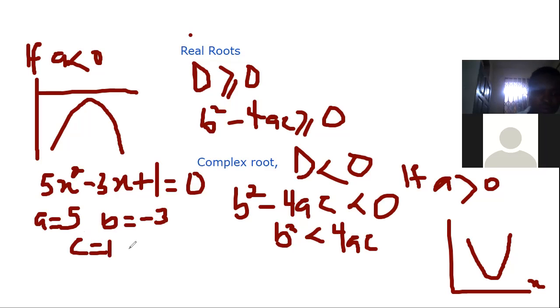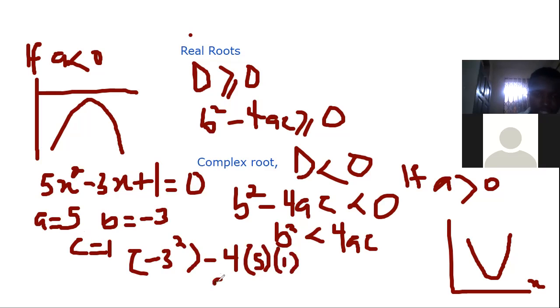Now, when we fix it into the equation, I'm going to get negative 3 squared minus 4 into bracket 5 and 1.